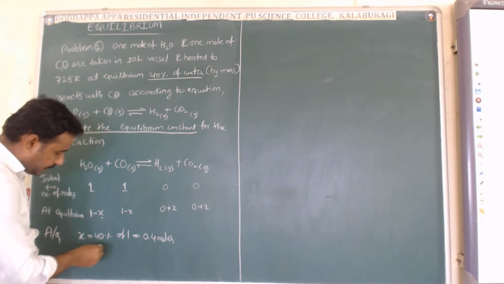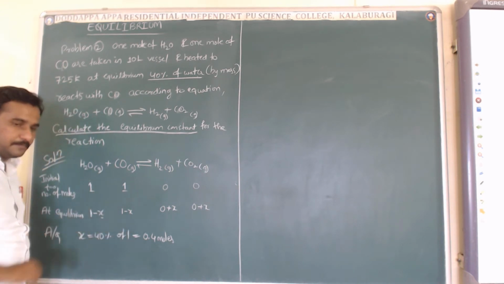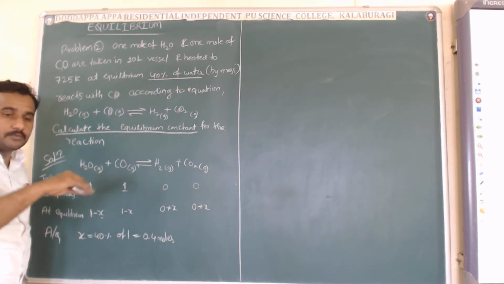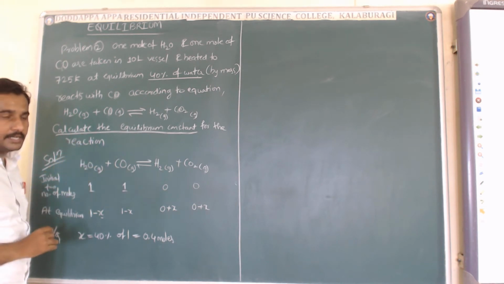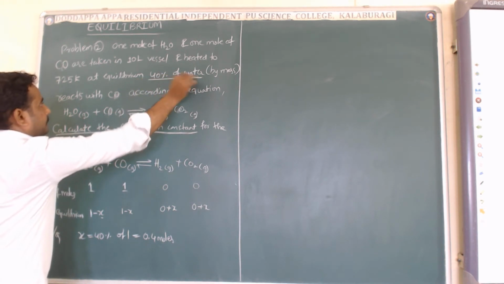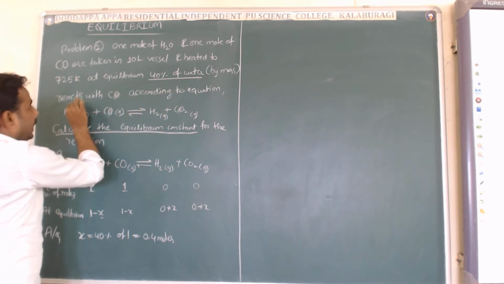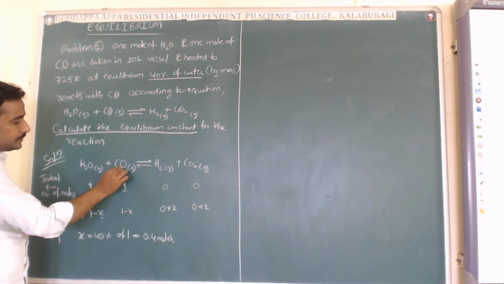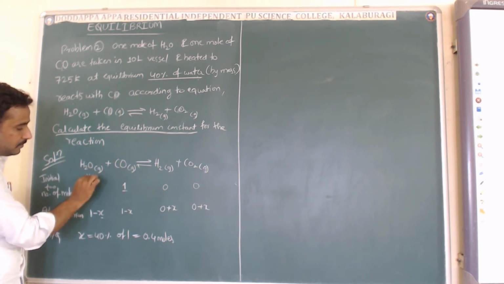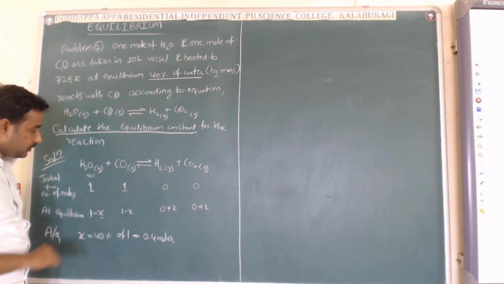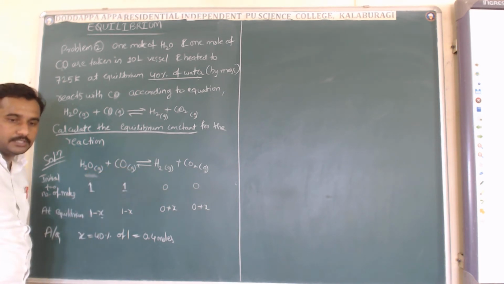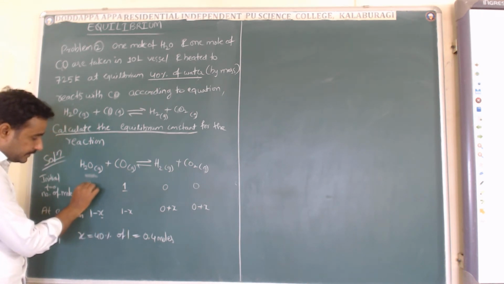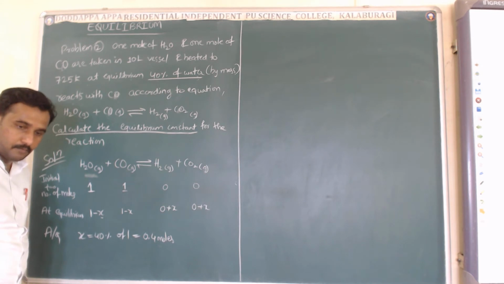Why have you taken x equal to 40% of 1, sir? Because they have given how much water is reacting with CO. At equilibrium, 40% of water reacts with CO. Initially 1 mole is there.